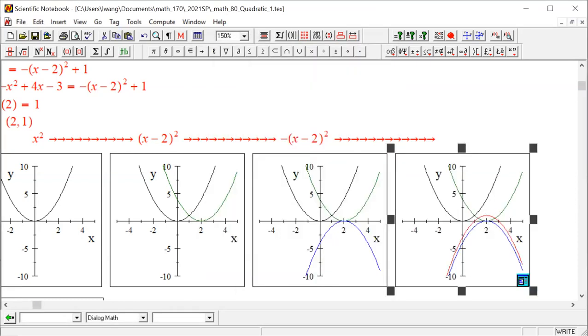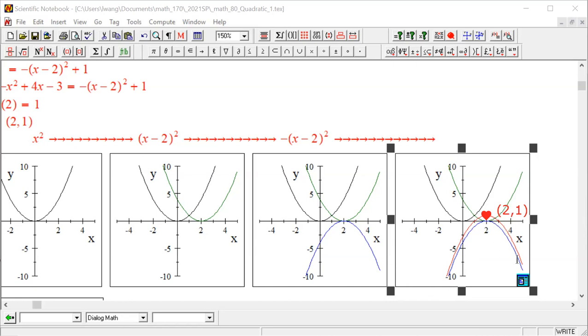So the final vertex here, if you keep track of the shifting, the vertex is shifted from 0, 0 to 2, 0, stayed at 2, 0, and shifted up by 1 unit. So this vertex is going to be 2, 1.